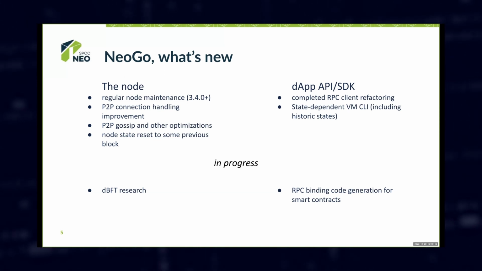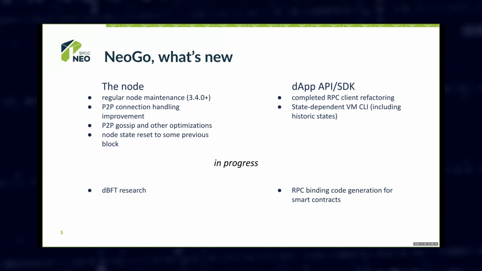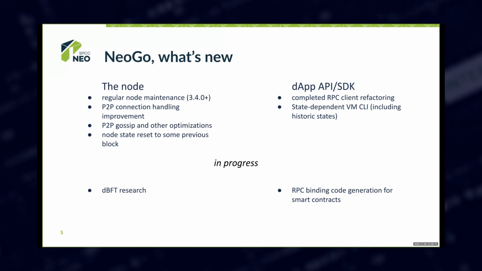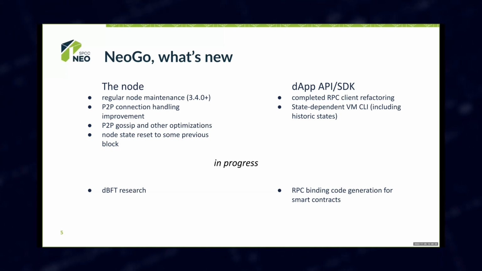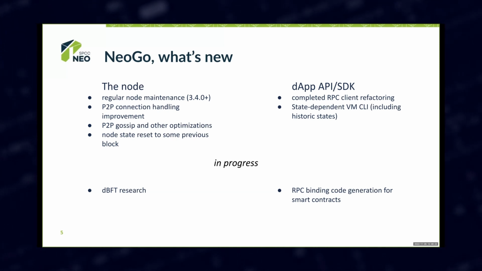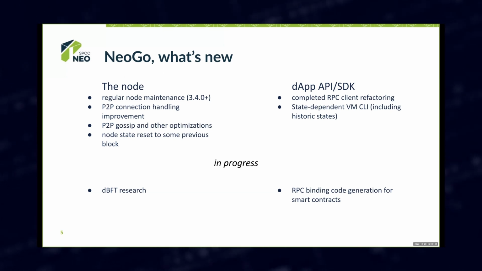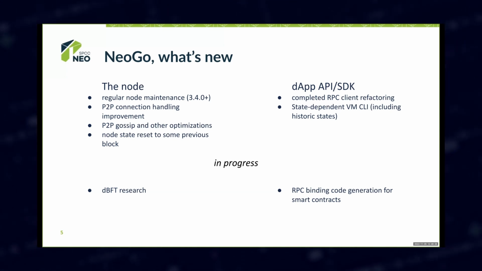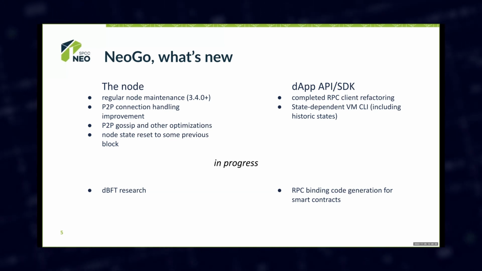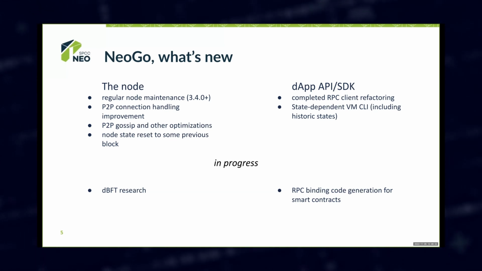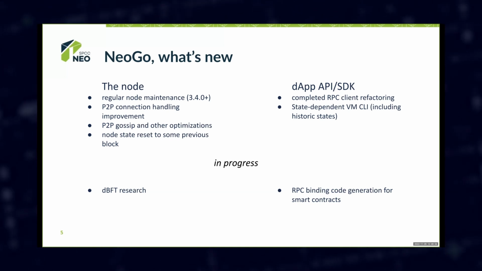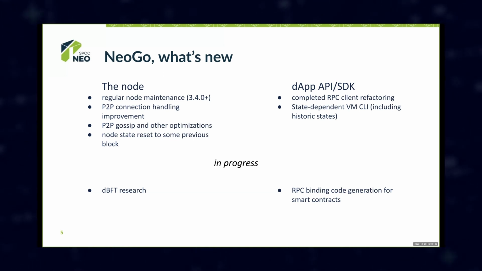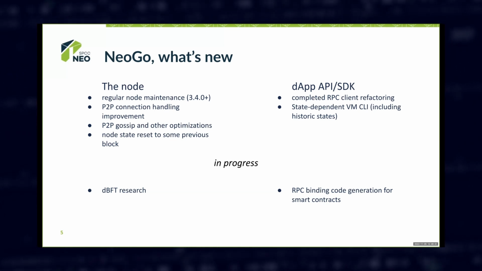And we also have implemented a state-dependent VM CLI. The VM CLI itself is one of the oldest things we have in the node. It was first implemented to support only simple scripts that don't use any interops, that are pure VM code. And it was like that basically till September, I guess, this year.